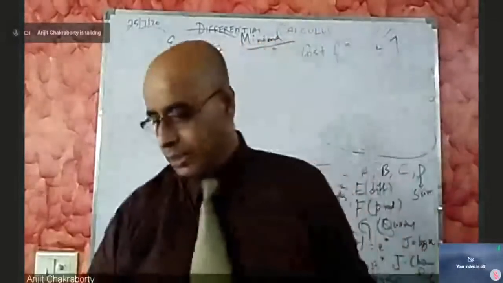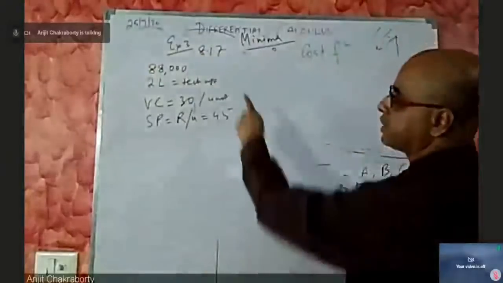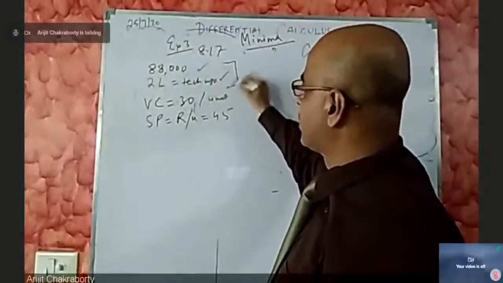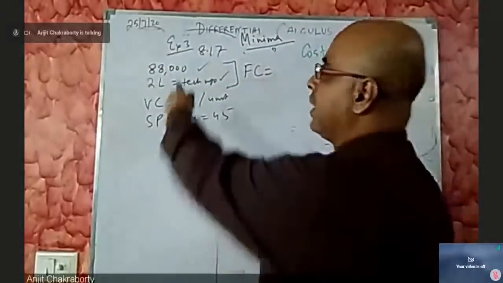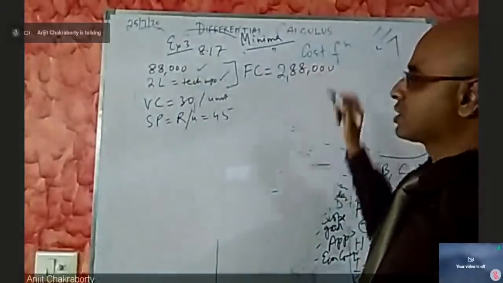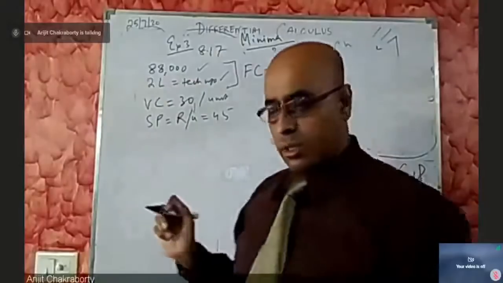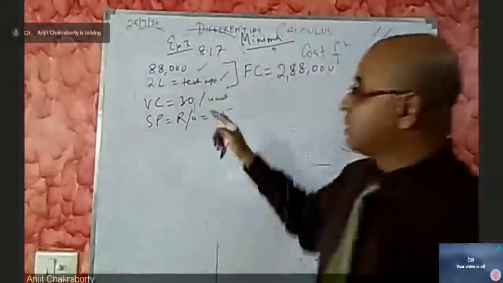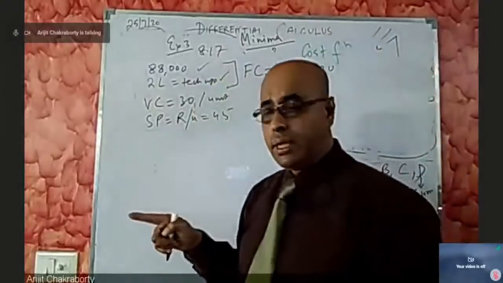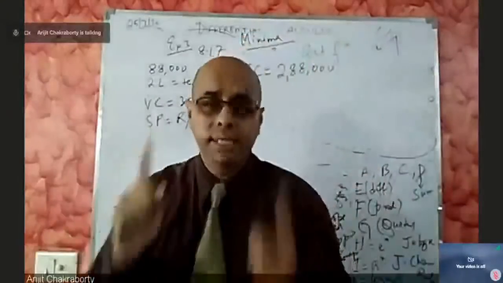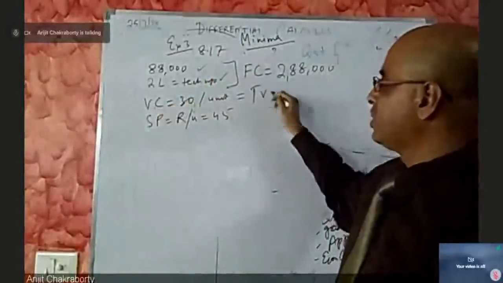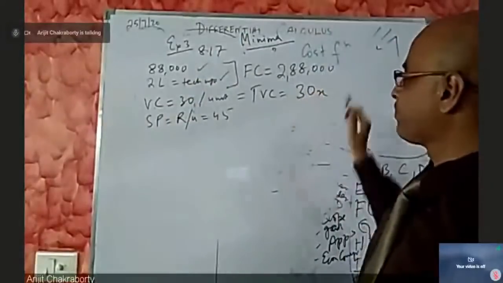Fine. So here you can see 88,000 is for setup and 2 lakh for the technical information. So together the fixed cost is 88,000 plus 2 lakh, that is 2 lakh 88,000. The variable cost per unit is 30. Therefore, if I produce X units, then the total variable cost, TVC, is 30X.